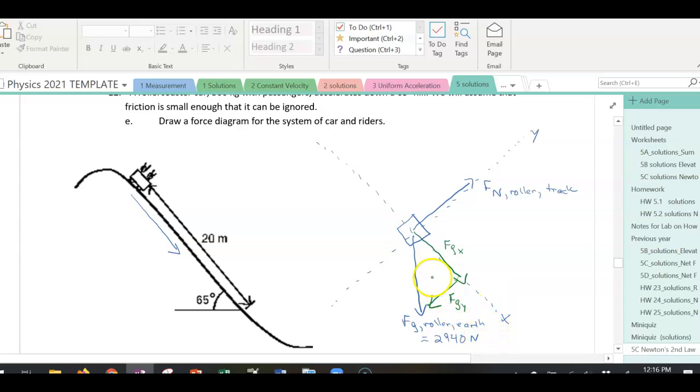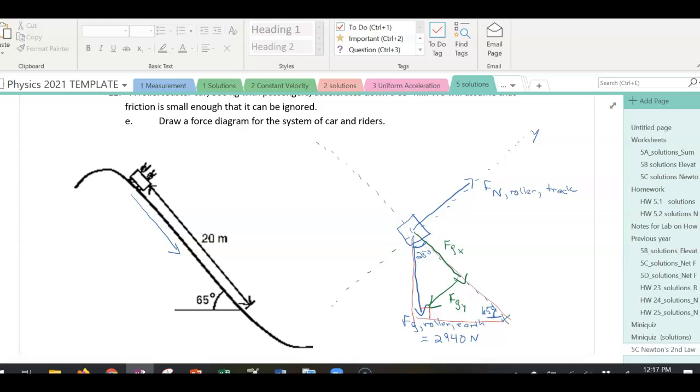Now, they've told me that the inclination angle of this track is 65 degrees. If that angle is 65, looking down at this triangle here, where this is a right angle, well then this angle up here must be 90 minus 65, which is 25 degrees.